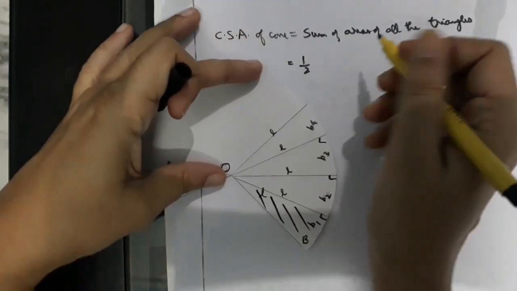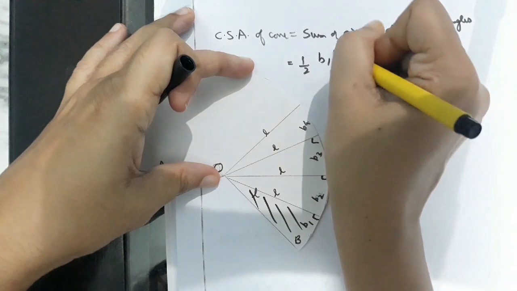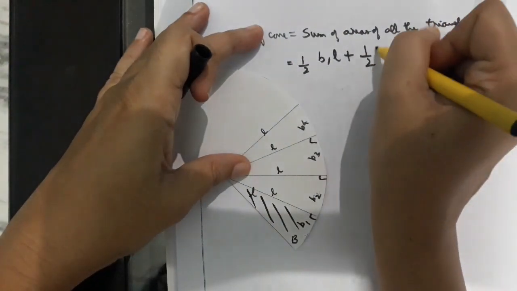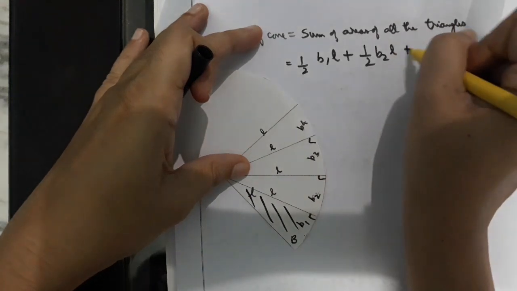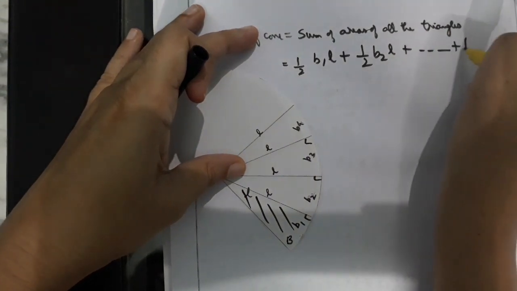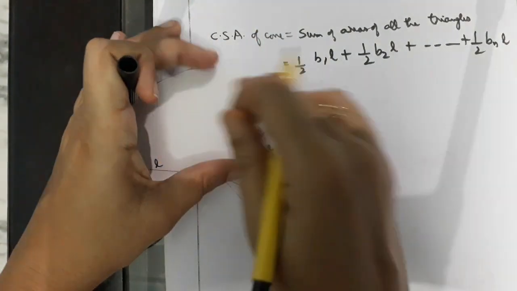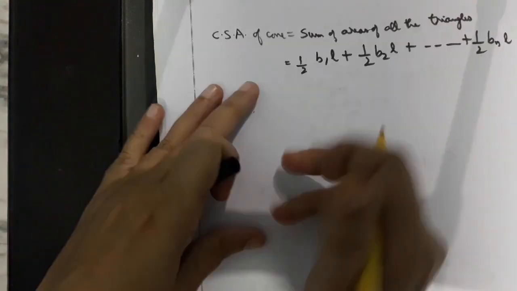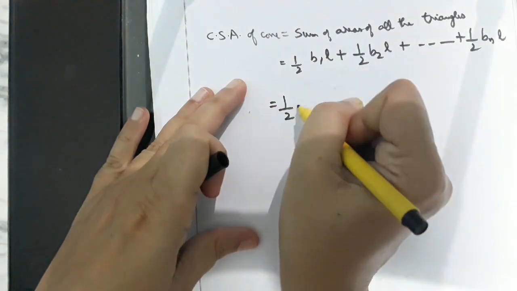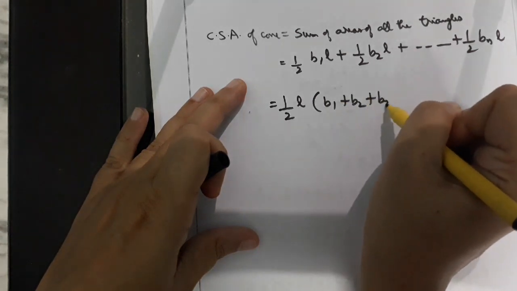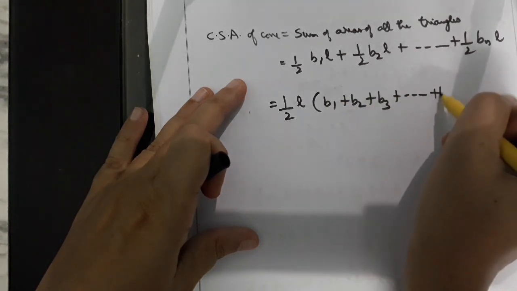So it comes out to be half of B1 into L plus area of the second triangle is half of B2 into L plus so on up to half of Bn into L if there are n such triangles. Now from here we take out half of L common. So we are left with B1 plus B2 plus B3 plus so on up to Bn.